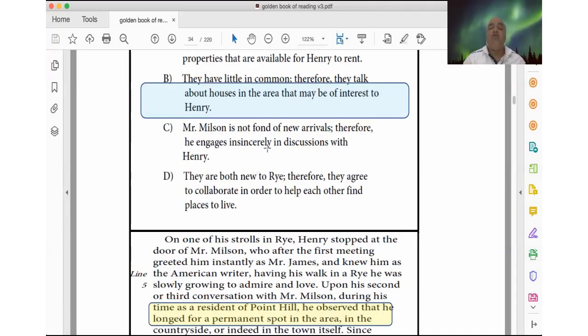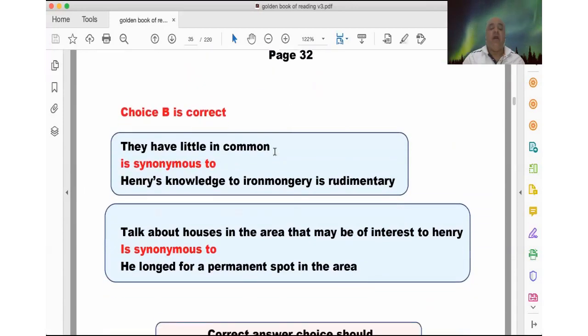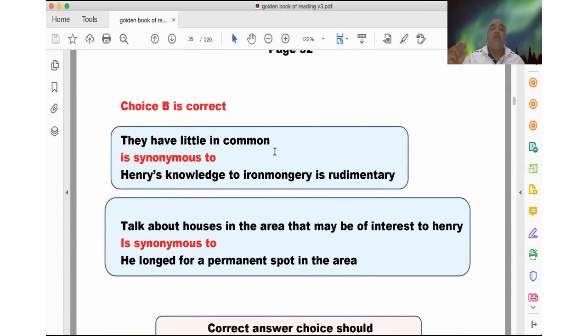So we end up choosing choice B: they have little in common, therefore they talk about houses in the area that may be of interest to Henry. Again, they have little in common is synonymous to Henry's knowledge of ironmongery being rudimentary.